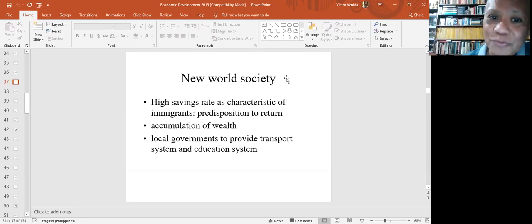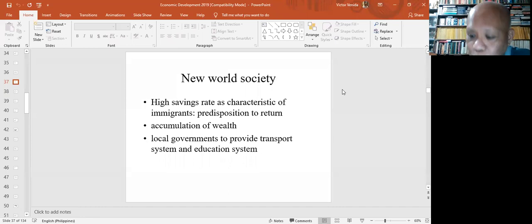Over time, of course, one of the characteristics of countries attaining the higher stages of economic development is that they keep on expanding the transport system and begin covering other infrastructure. At the same time, they expand the educational systems to go beyond the elementary towards the secondary, all the way up to the tertiary and postgraduate and further research activities. So this is the New World Society.